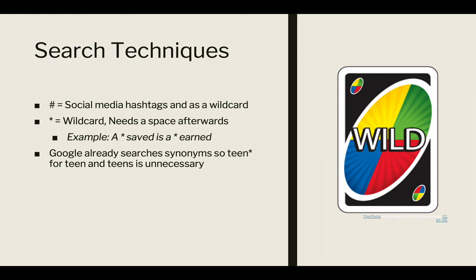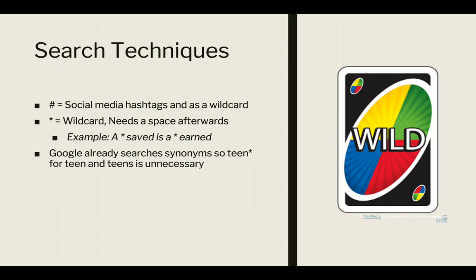Other search techniques I can use in Google include the hashtag for looking at social media hashtags. It's also used as a wildcard. And asterisks are used for wildcards to distinguish spaces between terms. So this is nice for quotes. Here we have a blank saved is a blank earned.